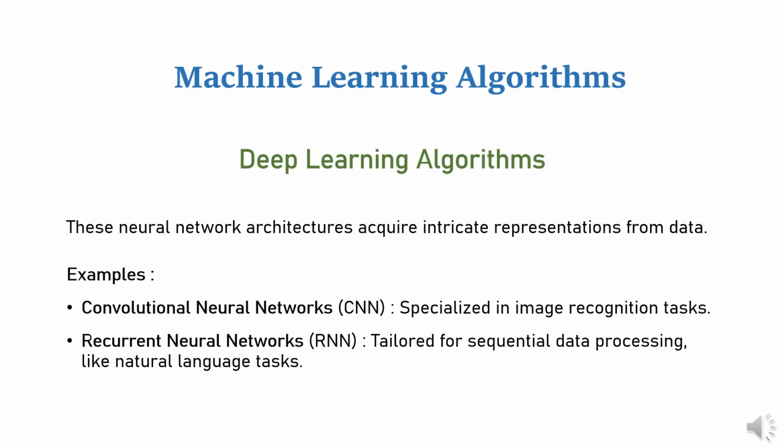Deep learning algorithms: these neural network architectures acquire intricate representations from data. Examples: convolutional neural networks, specialized in image recognition tasks. Recurrent neural networks, tailored for sequential data processing like natural language tasks.